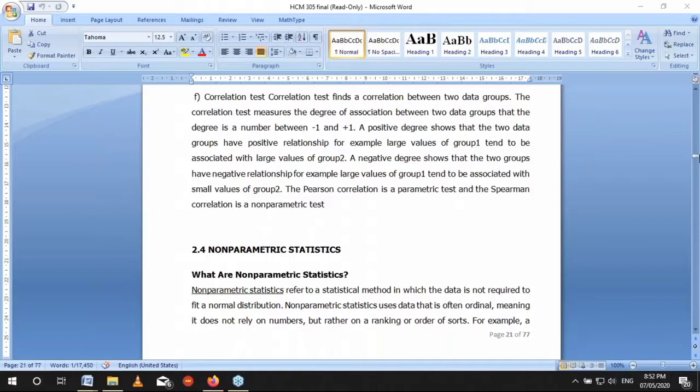Number three, you will need to measure the historical levels of satisfaction with the events. That is number three.